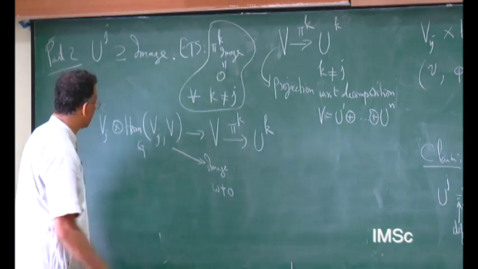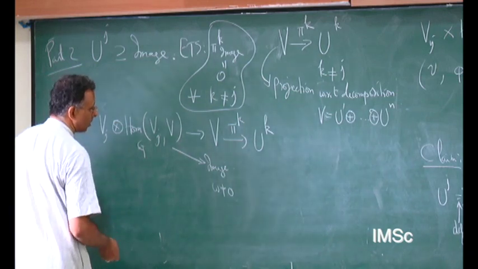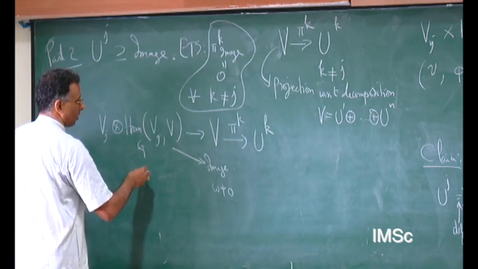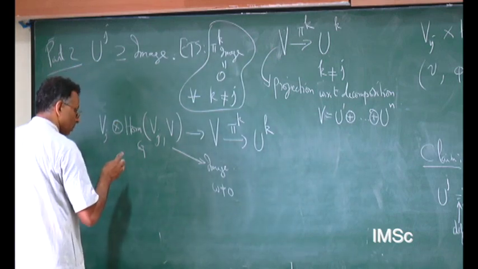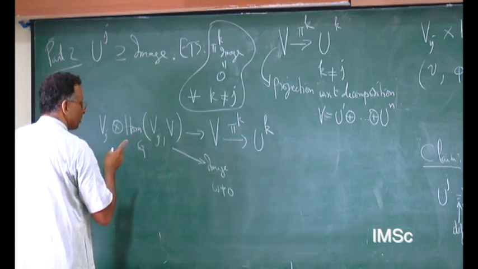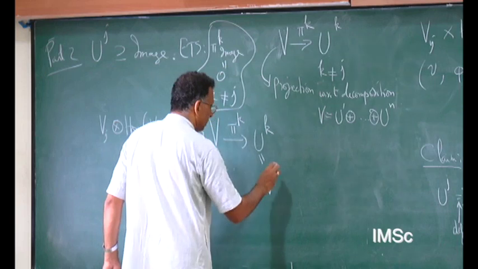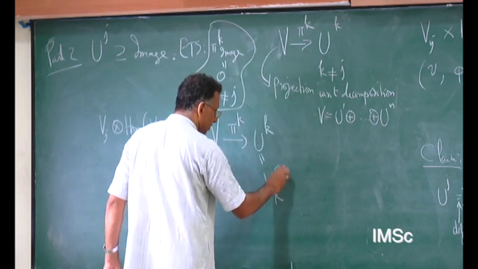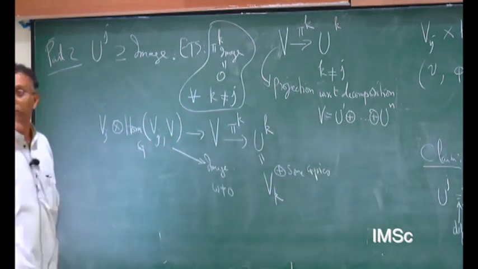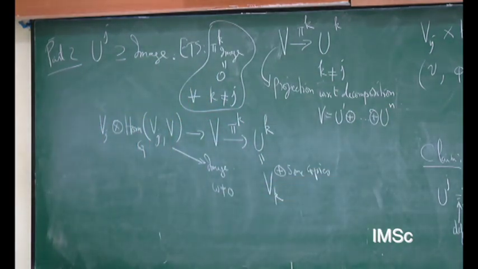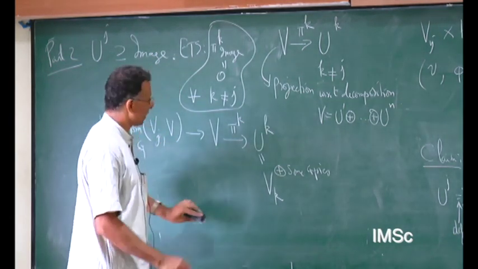In other words, this W came about by... So the point I want to make is, what this U is, is V sub K some copies, right? Okay, let's think abstractly.